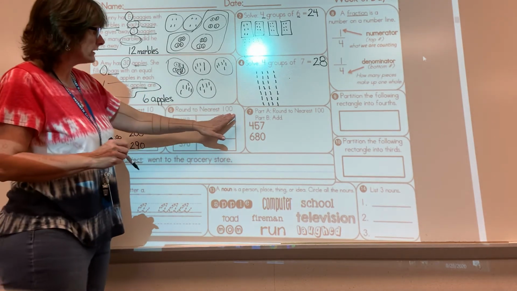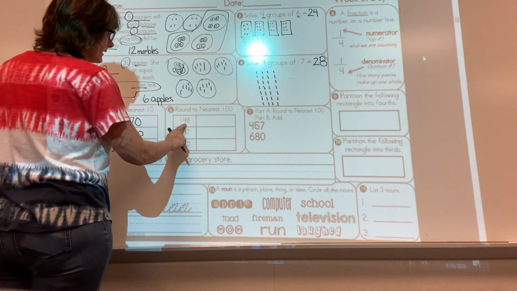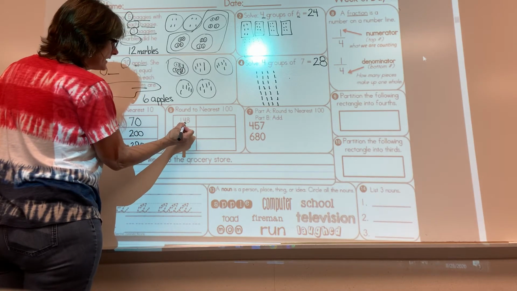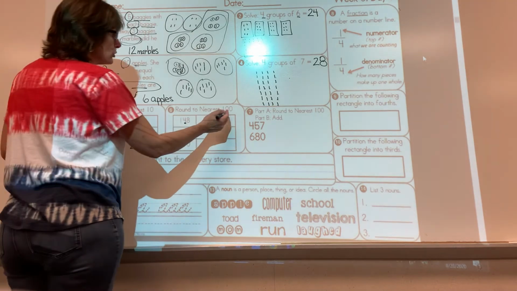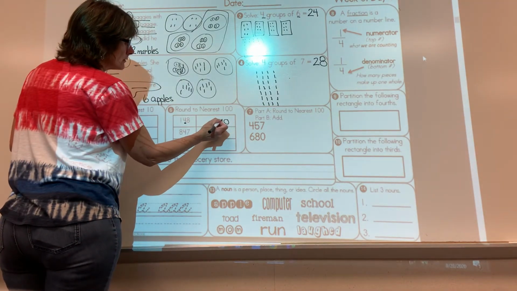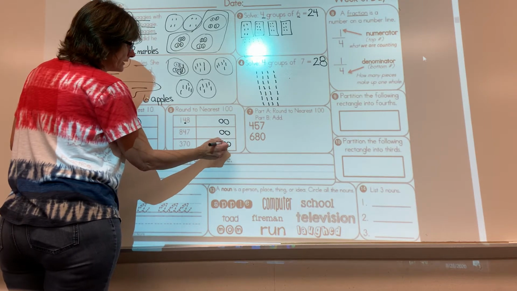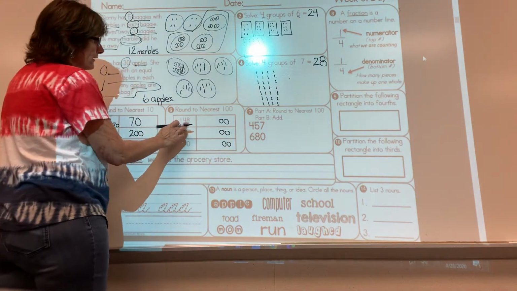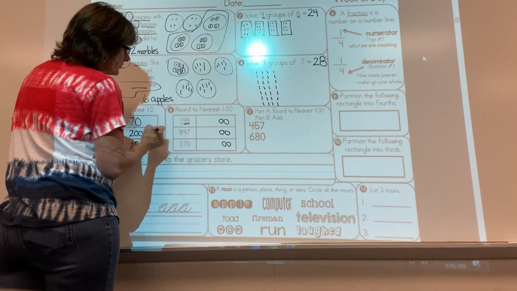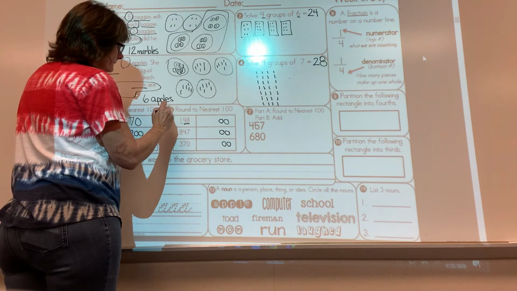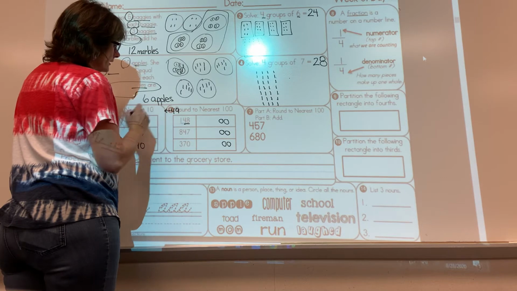And when we round to the nearest 100, it works exactly the same way, only we're looking at the tens digit to round to the 100. And we're going to have 2 zeros. We're rounding to the nearest 100. So if these 2 numbers are 49 and lower, it's going to go that way.